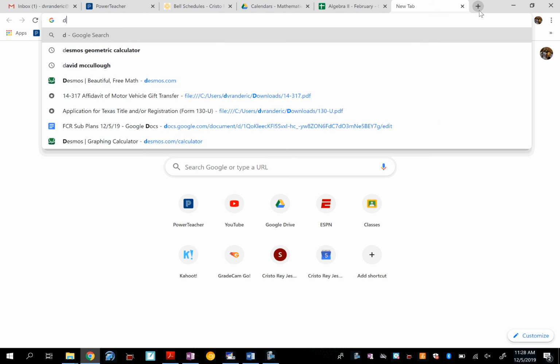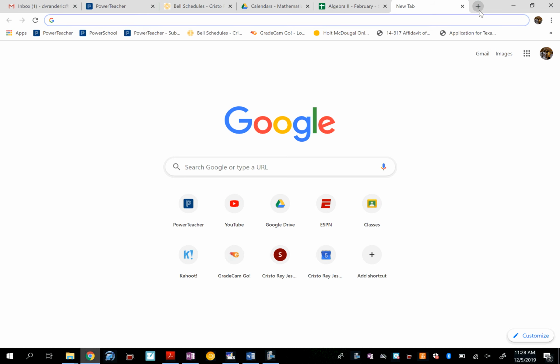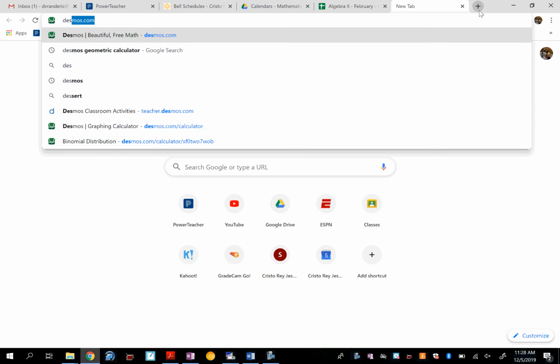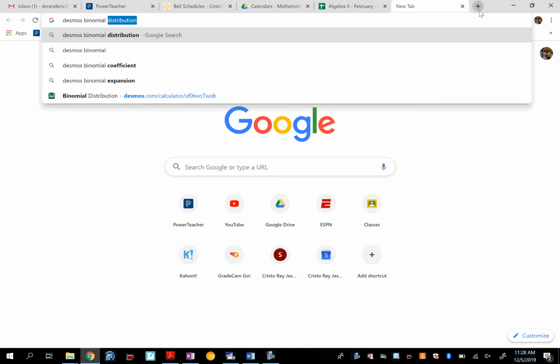Okay, I want you to go to Google, open a new tab, and type in Desmos binomial distribution. I put it up there at the top. Desmos binomial distribution.